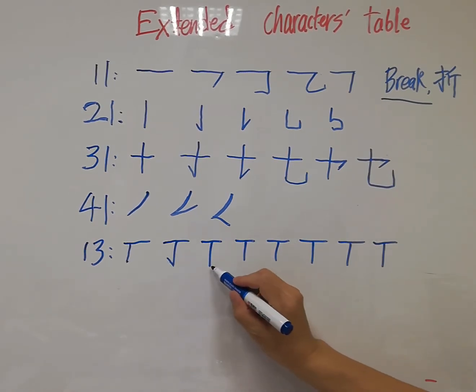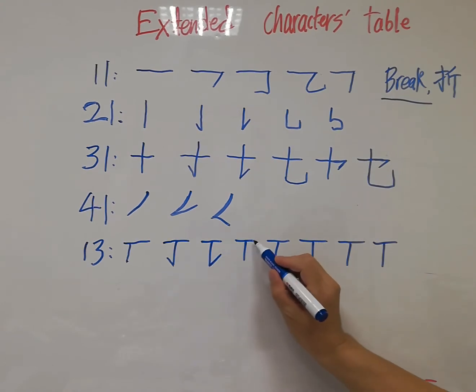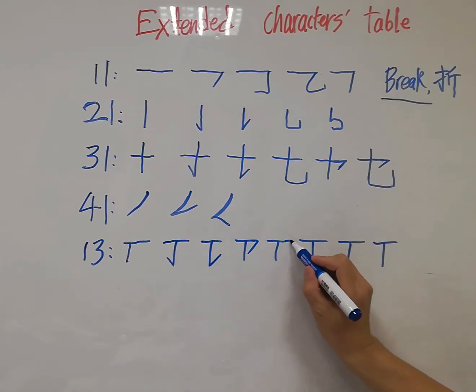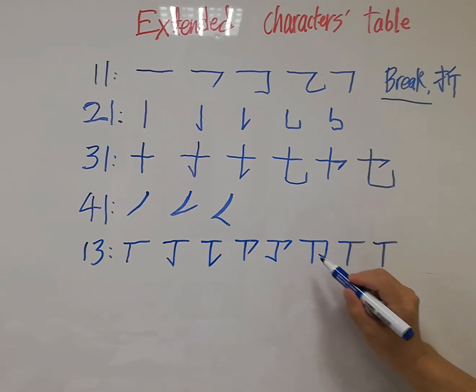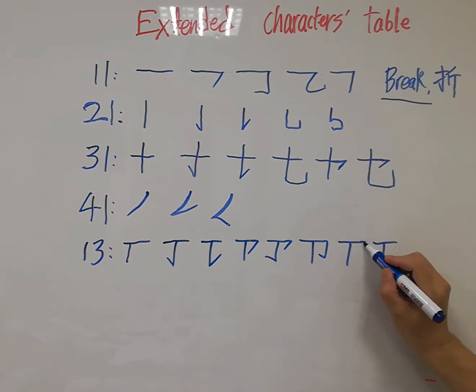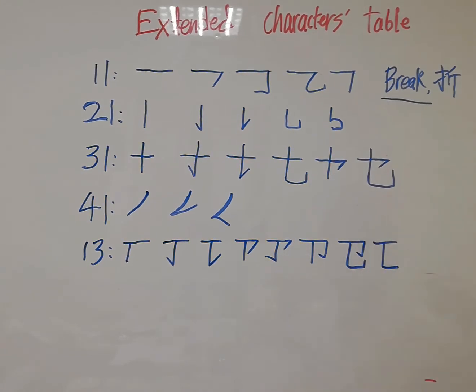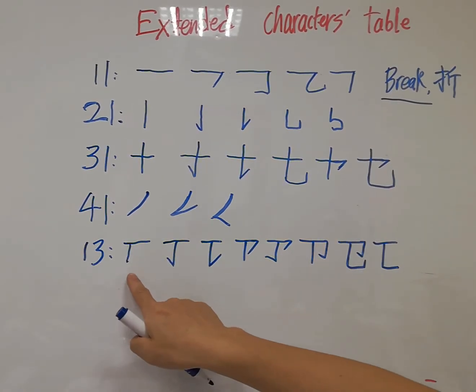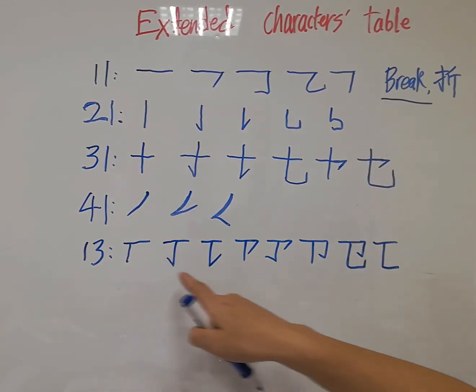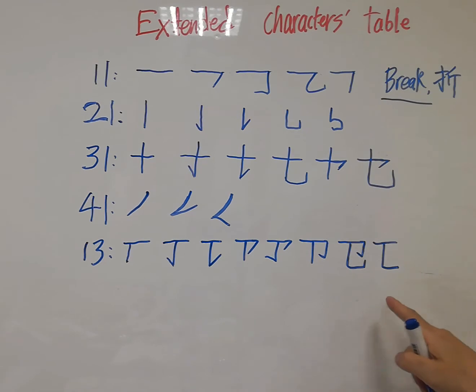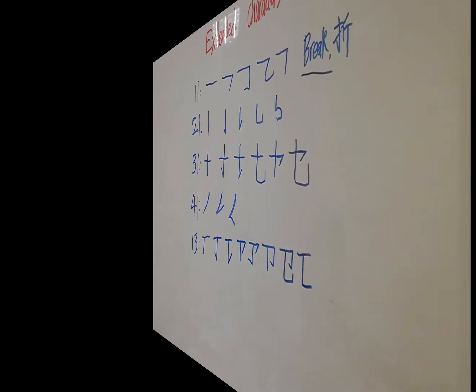Add break like this, like this. All these characters are extended from this by break. So all these characters have same code of 1-3.